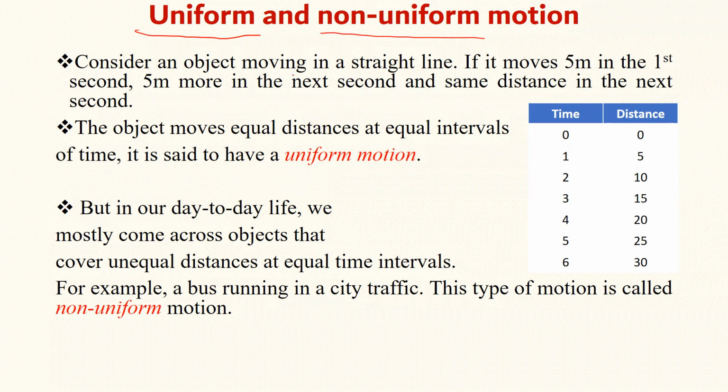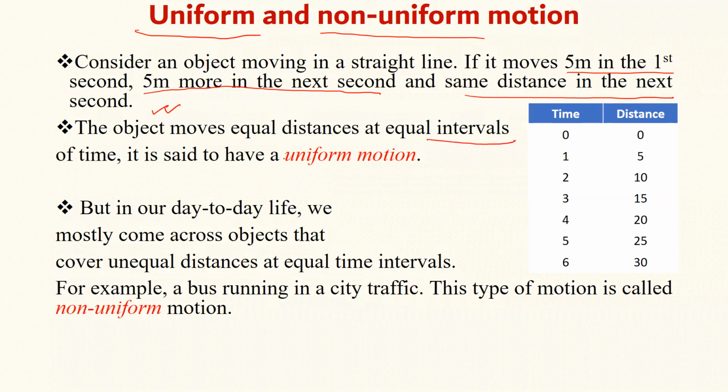So consider an object moving in a straight line, like the previous case, we have studied motion along a straight line. So if it moves 5 meters in the first second, then 5 more meters in the next second, and the same distance in the next second, and so on, then the object moves equal distances at equal intervals of time.